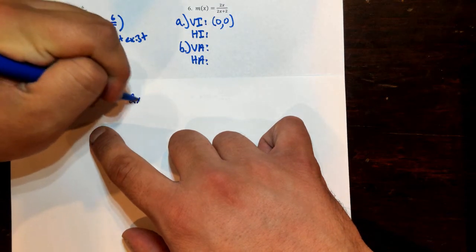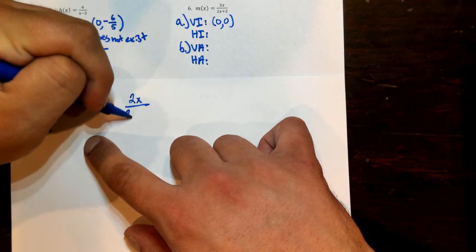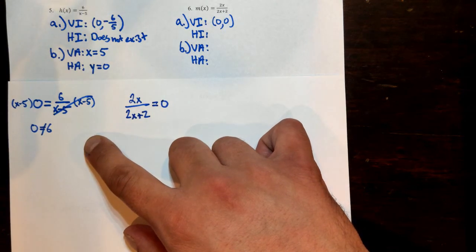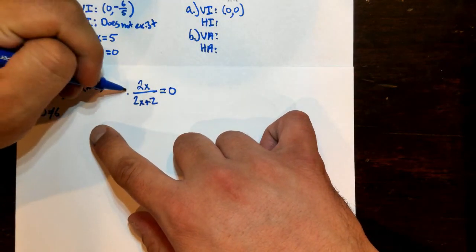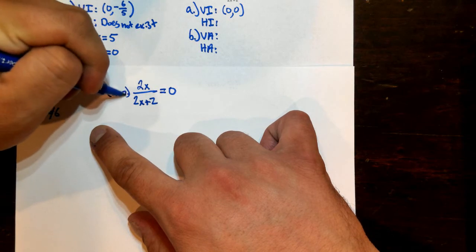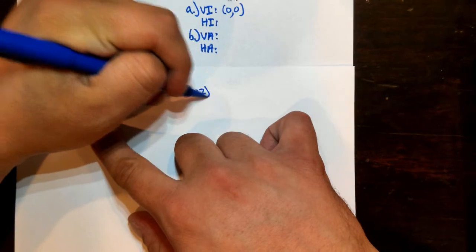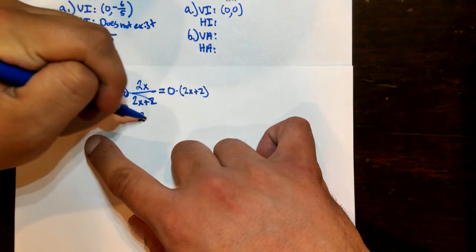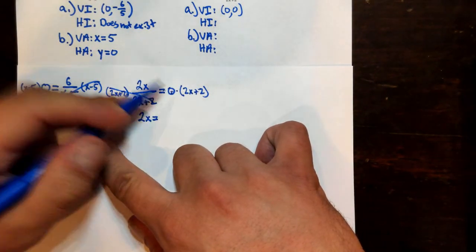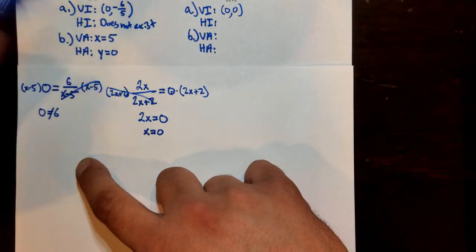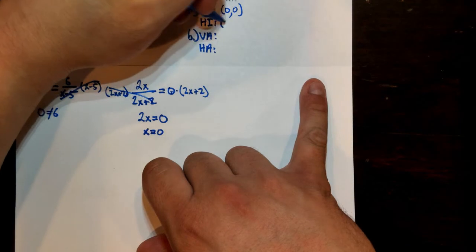So we have 2x over 2x plus 2, set equal to 0, and solve for x. So multiply both sides by 2x plus 2. That's going to cancel out, so 2x equals 0. So if 2x equals 0, then x just equals 0, and there we have it. That's 0, 0.